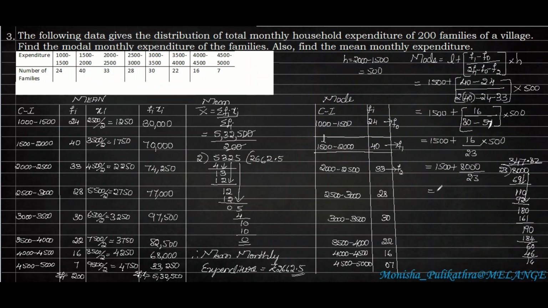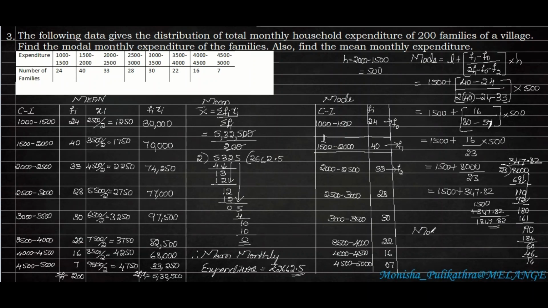Okay, so by division we will get 1500 plus 8000 divided by 23 is 347.82. So when we add these two, 1500 plus 347.82, we will get 1847.82.